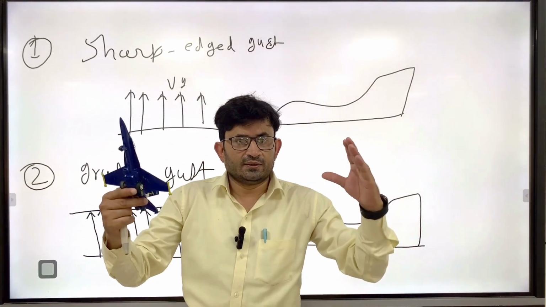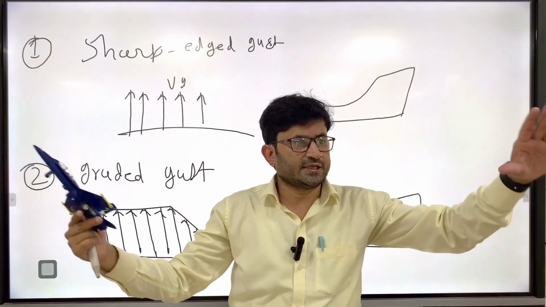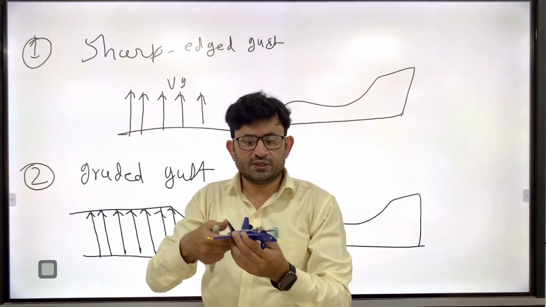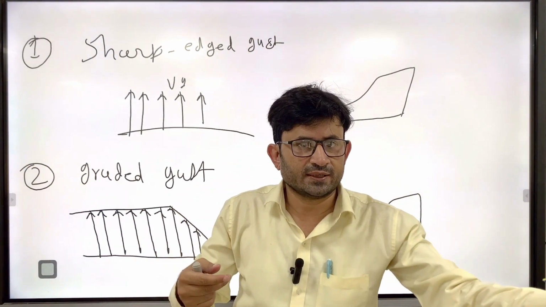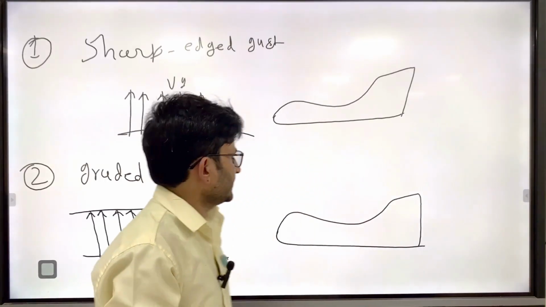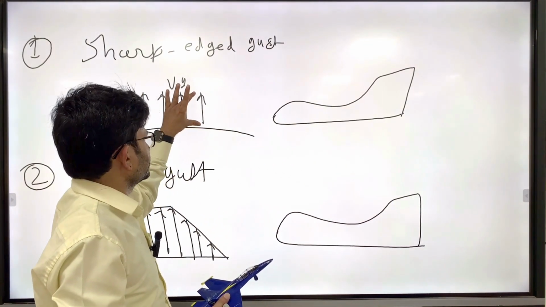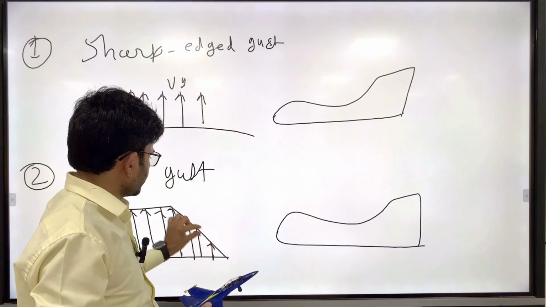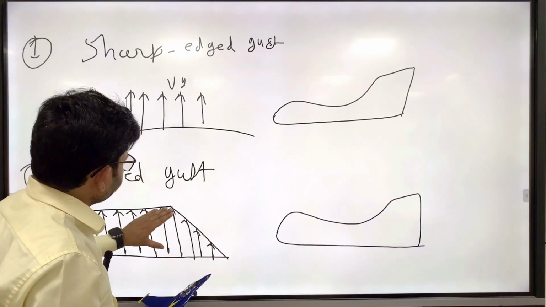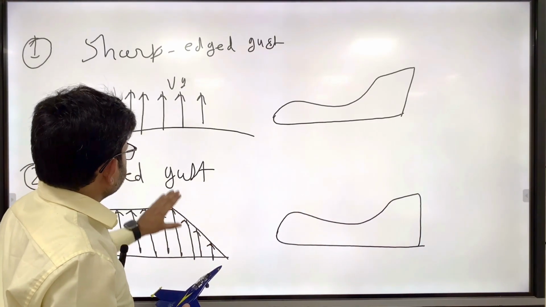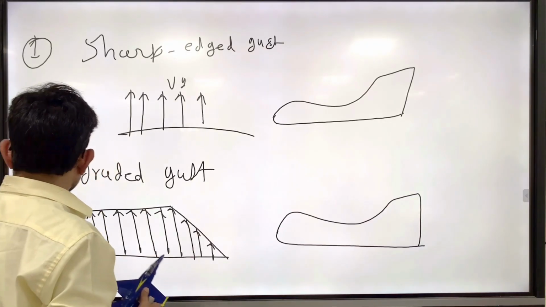See, when, let's say, the atmosphere is stressy, there is a gusty environment there. So basically you are entering into the gusty environment, right? Consider this case. In that case, you will not immediately feel this magnitude of gust. Slowly it has to build up, right? This one is the more realistic case compared to the sharp edge one. Okay.